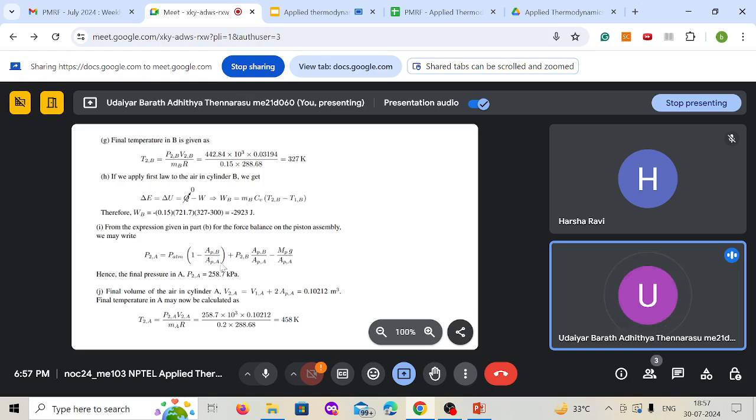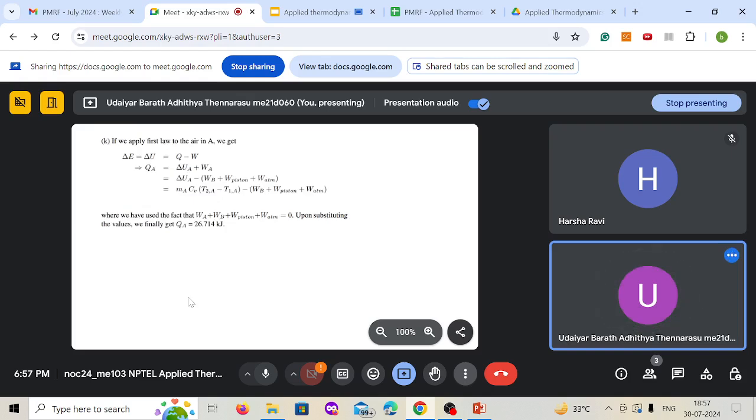Then similarly, using the final pressure, you estimated the final pressure in cylinder A using the force balance. You also know the change in volume, so using that, you found out the final temperature in cylinder A. With all this known, we can now estimate the heat transfer occurring in cylinder A, applying an energy balance.